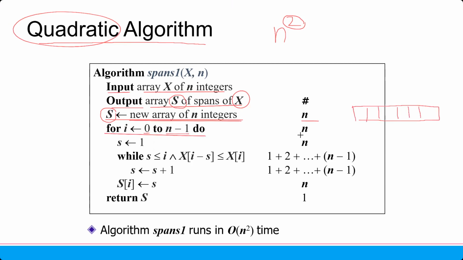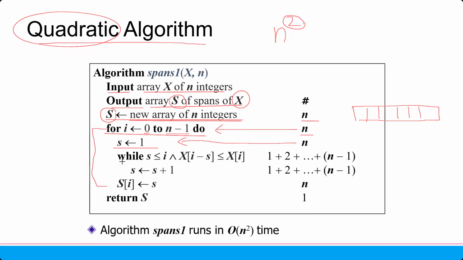It means we will do n times again. S starts from 1 because this is in the for loop. So once this is n times, of course, this will also run n times.